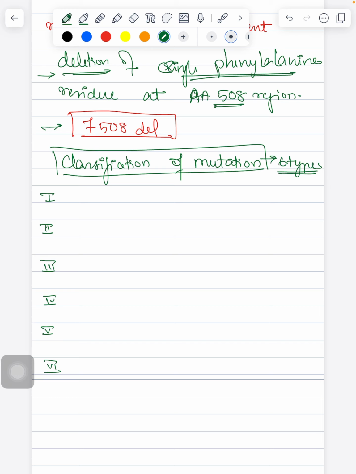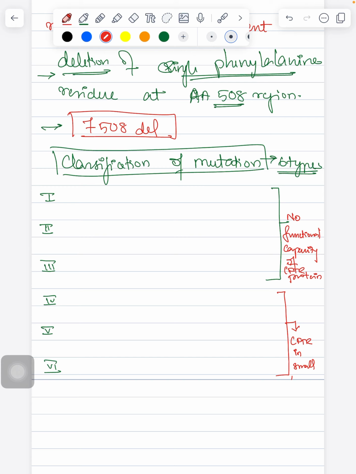So you have to remember there won't be any functional capacity of this CFTR protein in the first 3. While in types 4, 5 and 6, there will be a presence of CFTR protein in a small quantity.